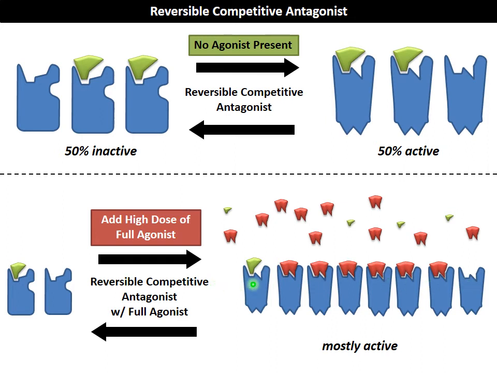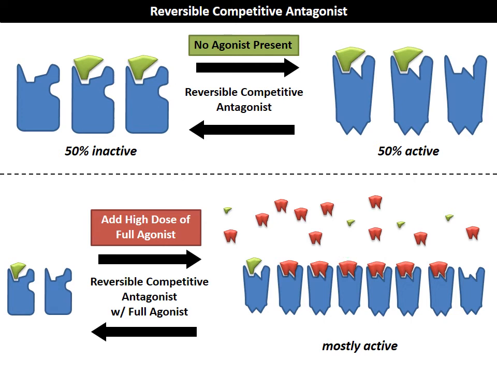And the whole point is that whatever is dominant, whatever we have more of, has to have high affinity, but basically it's a combination of affinity and concentration working together to decide, are we shifted to the right or are we shifted to the left? It will be shifted to the right, if we have a lot of full agonist and the antagonist is reversible.